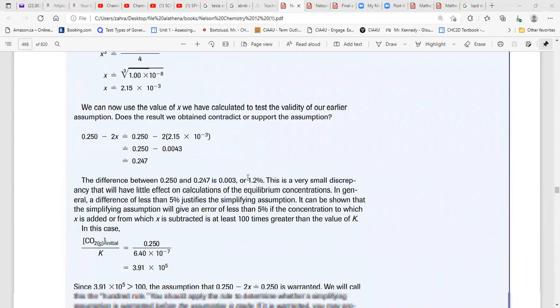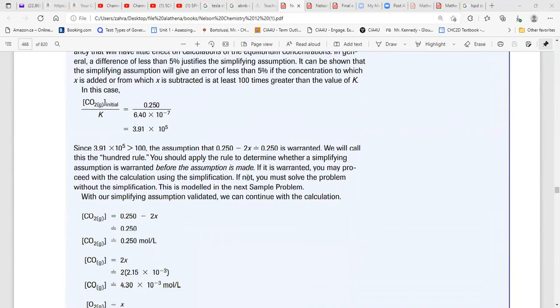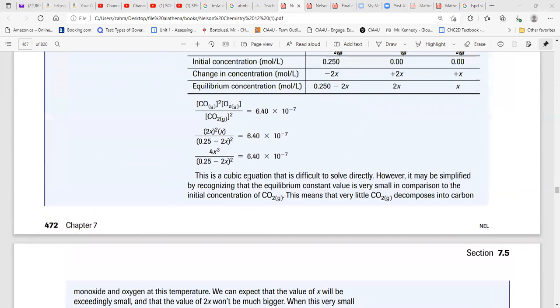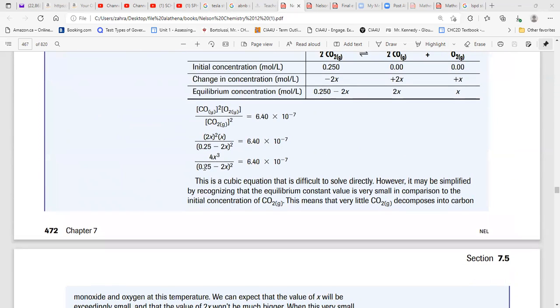The 100 rule says that if you divide this constant 0.25 by this K here, which is 6.4 times 10 power negative 7, and if that is bigger than 100, which, if you put it in a calculator, you see is much bigger than 100, then you can eliminate this variable here.